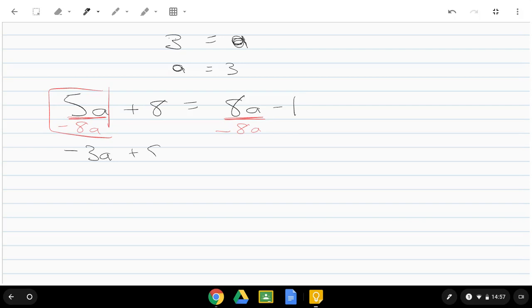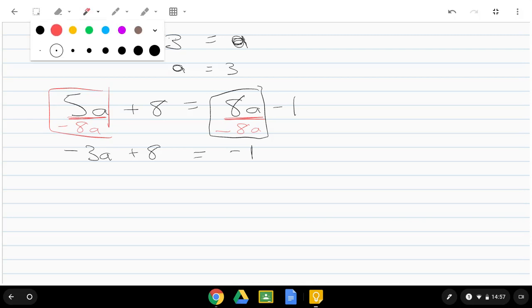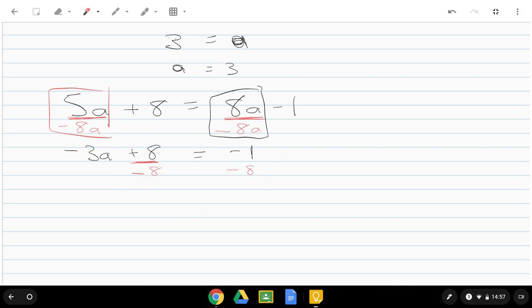I've still got my plus 8 on this side, and over here, when I subtract 8a, that eliminates the 8a, but I'm still left with minus 1 from the right side of the equation. So here now we need to eliminate this plus 8, and the way we do that is subtracting 8 from both sides.